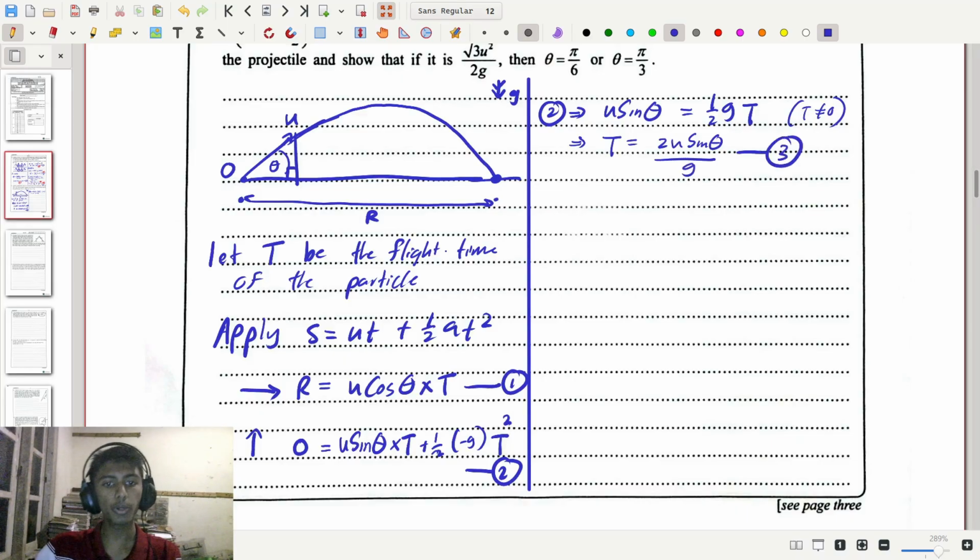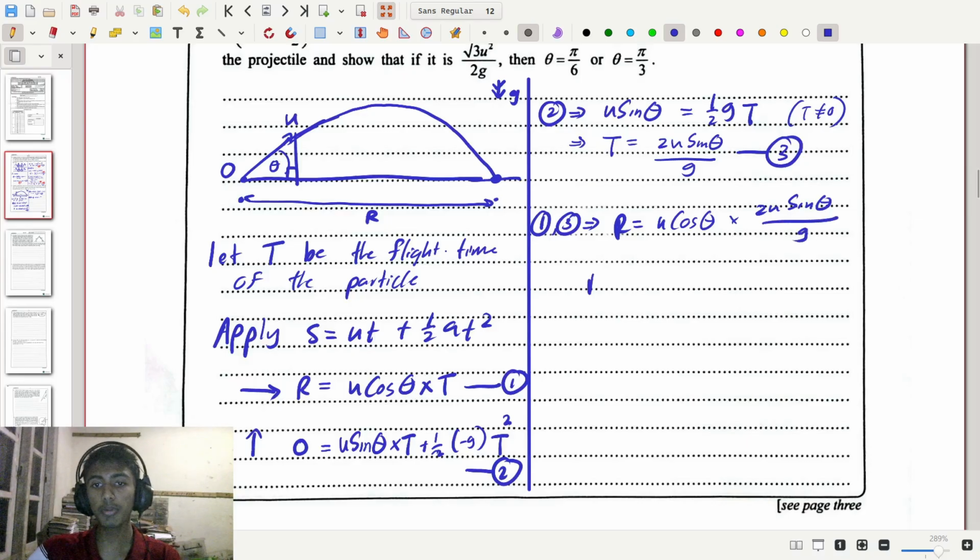We can see now if we substitute directly equation number 3 into equation number 1, t is going to be completely eliminated and the expression for r is going to only be in terms of u, cos theta and sin theta and g. So if we combine 1 and 3, we are going to get that r is equal to u cos theta times, and if we substitute into t this value, we get 2u sin theta divided by g.